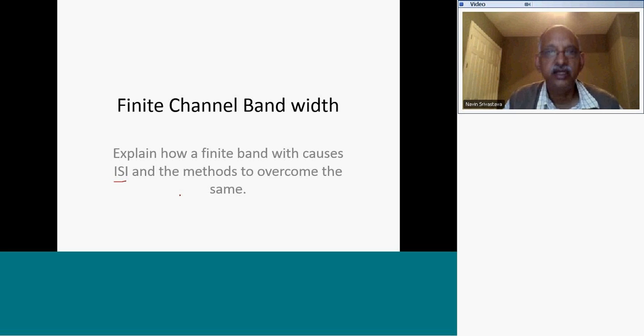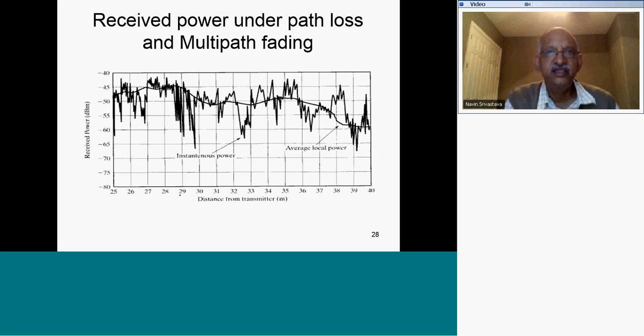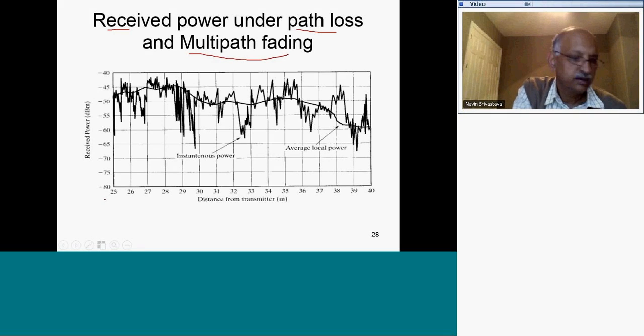Then this is the other aspect of propagation you must have done, that is the received power under path loss and multipath fading. As I had explained to you, multipath means the signal is received from more than one path, one copy of the signal is received, isn't it? Which is known as multipath.